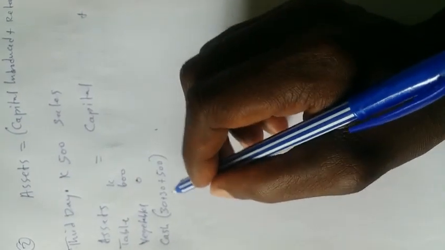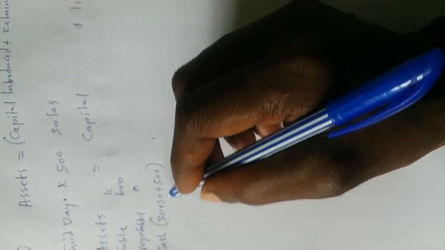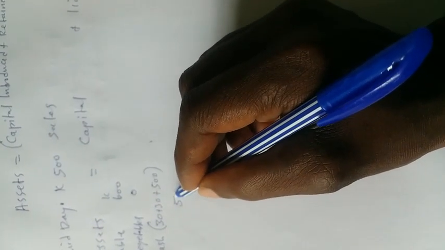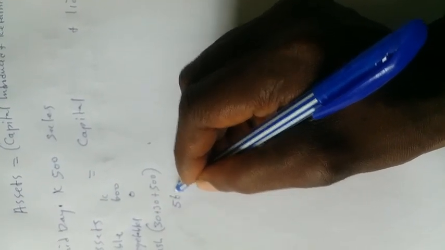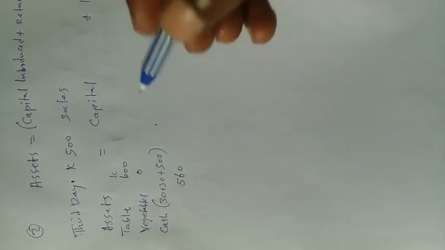So now the cash we have in total is 500 plus 30 plus 30, which is 560 kwacha. That's what we have in form of cash.